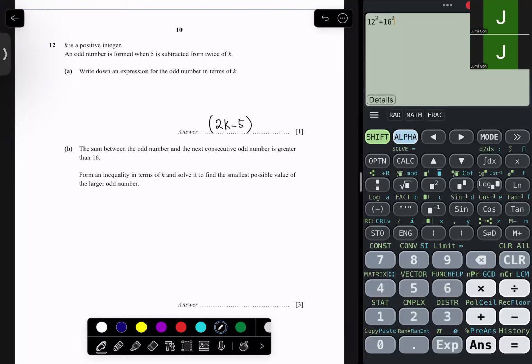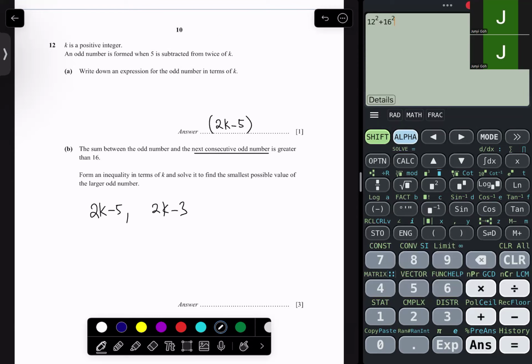The sum between the odd number and the next consecutive odd number is greater than 16. So the next consecutive odd number, now what we need to understand is how do odd numbers jump? Odd numbers jump in twos. So if the first odd number is 2k minus 5, then the next one will be 2k minus 3.